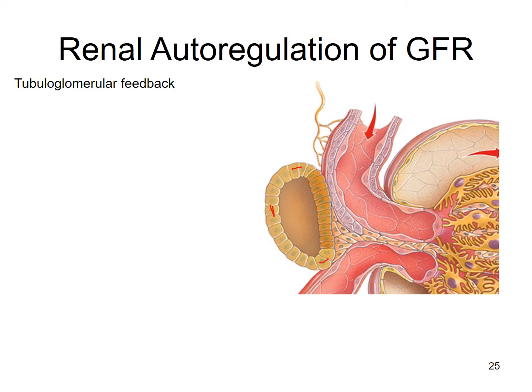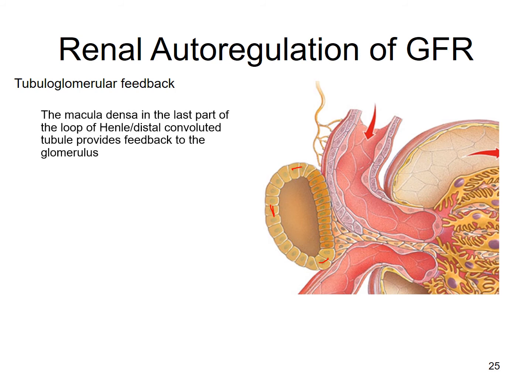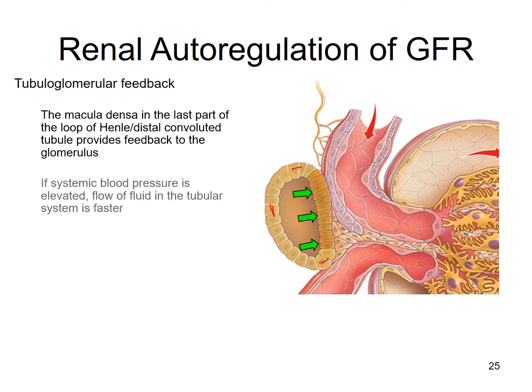You can see that it borders the glomerulus, and this juxtaposition allows the tubule to give feedback to the glomerulus. The macula densa, in the last portion of the loop of Henle or the beginning of the distal convoluted tubule, will provide feedback to the glomerulus. And this is the macula densa, that group of cells indicated by the green arrows.